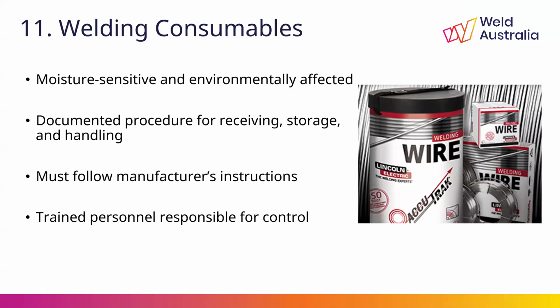Thank you. And another question, sorry. Should WPS be followed as per ASME 9 and AWS D1.1? It depends on the product requirement. When you get the ISO 3834 certificate, you need to clarify what your product is, what your scope of product is. If, for example, you have ASME 9 as the welding standard in place, it means your product is a pressure vessel or pressure piping based on the American standards.